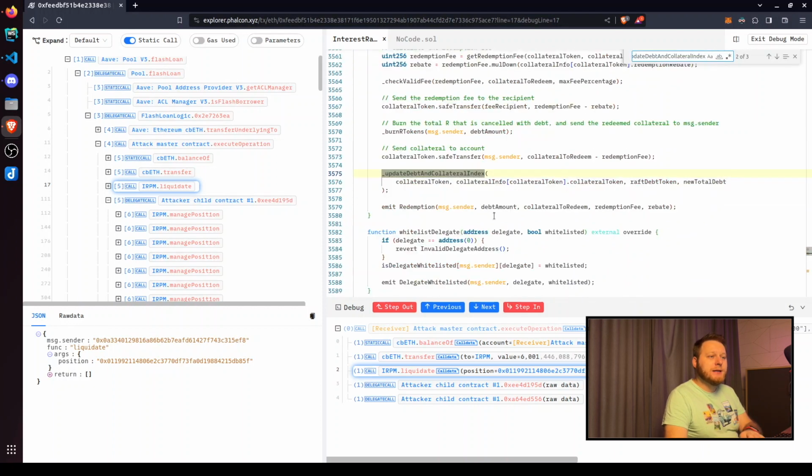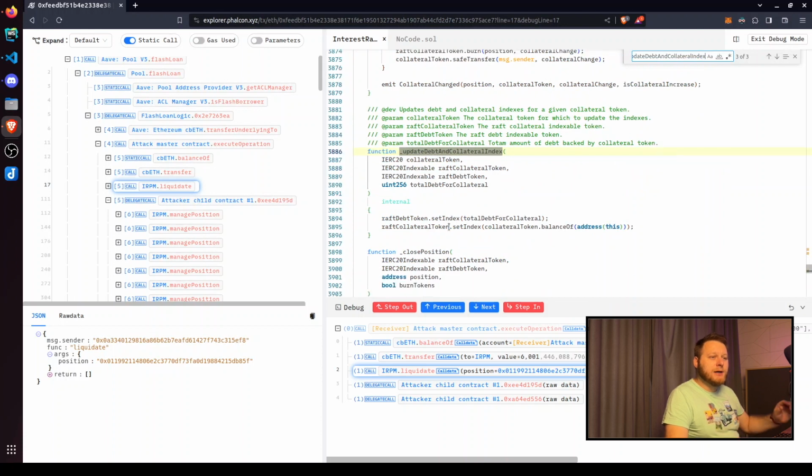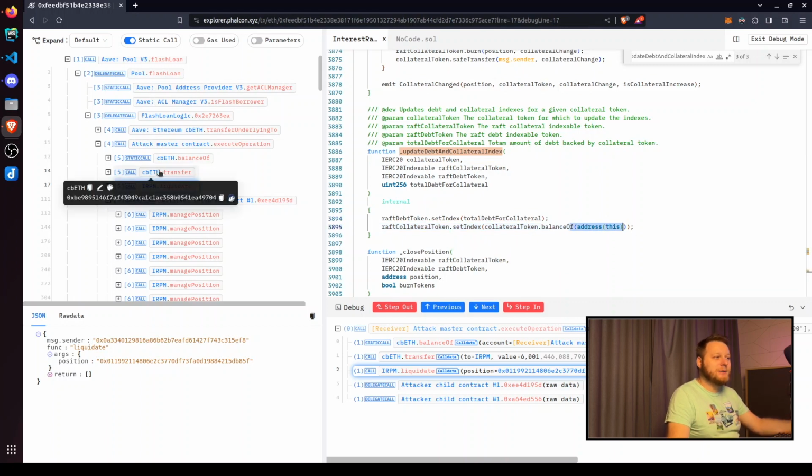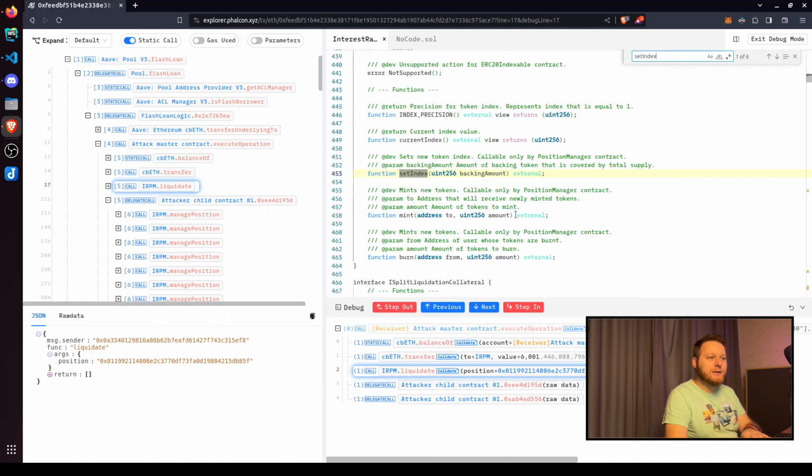And you can see in this function that we are setting the index of collateral token to ERC20 balance of address this. In the previous step, right before, the attacker actually transferred funds, so that means that this index is set way above.